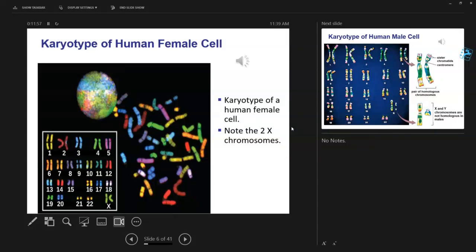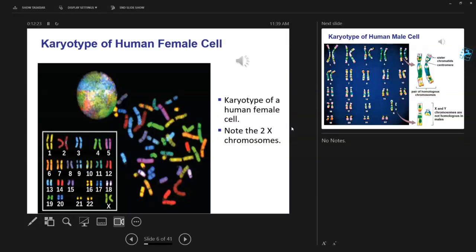So the two chromosomes of a pair are called homologous chromosomes, and they all have the same kinds of genes on both chromosomes of a pair. So, for example, if right here on this number 1 chromosome there's an eye-colored gene, then there's an eye-colored gene in exactly the same place on the other number 1 chromosome.